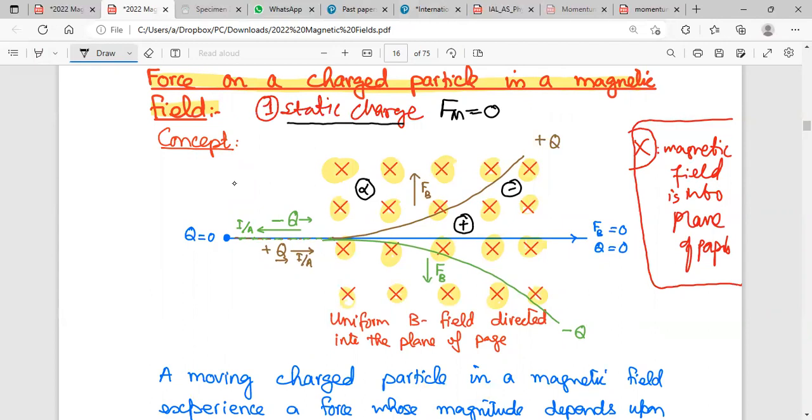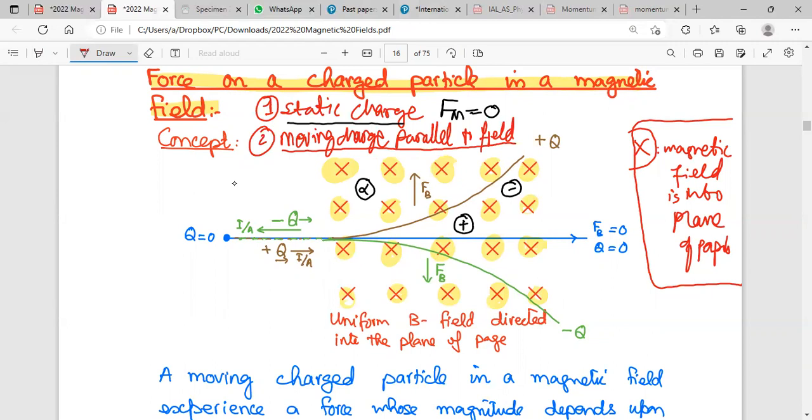The second scenario is moving charge parallel to the magnetic field. When a charge is moving, but it is moving parallel to the field, what happens?